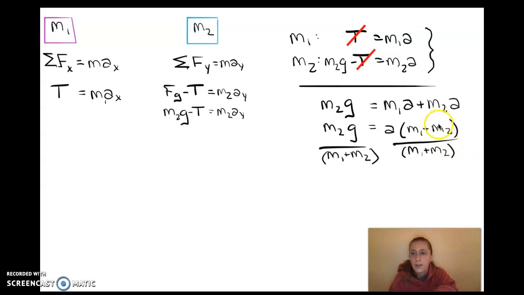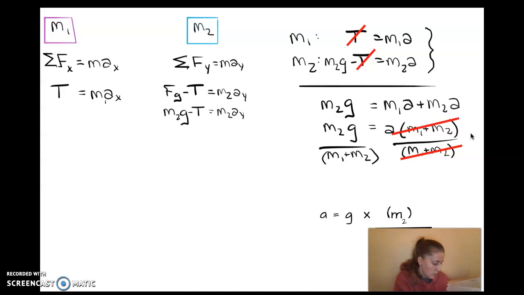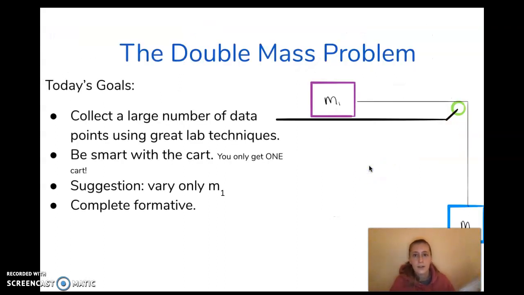And since it's in the numerator and the denominator, that can cancel. And we are left with a is equal to g times m2 all over mass 1 plus m2, which, if you notice, is the equation that is given in your notebook. All right, so that's your derivation.